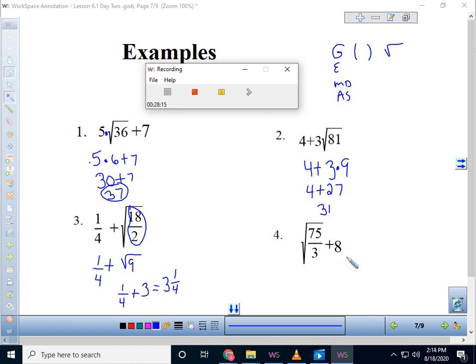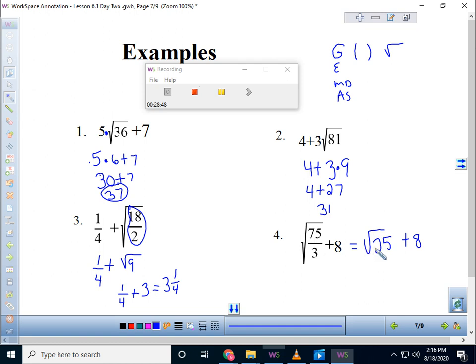Okay, so the first thing you're going to do is take 75 and divide it by 3. Well, 75 divided by 3 is 25. So we have the square root of 25 plus 8. Remember, 75 divided by 3 is 25.